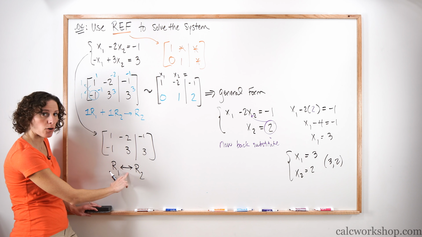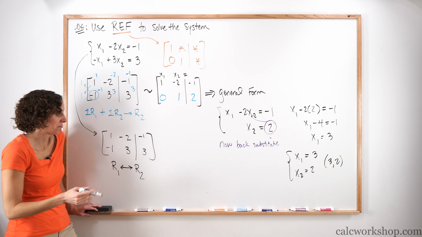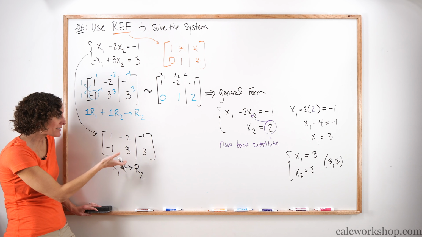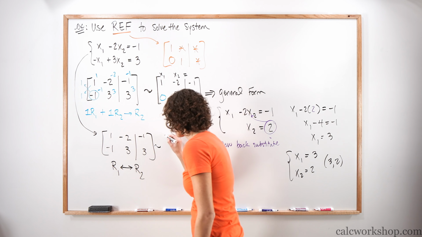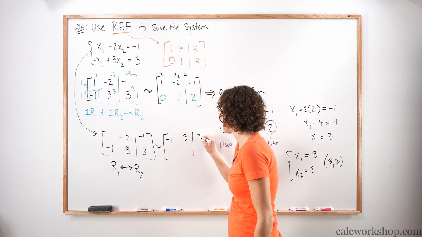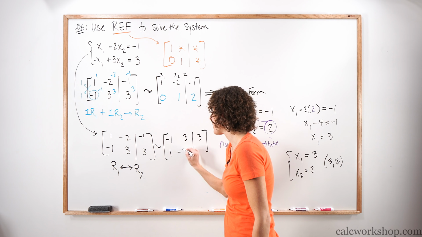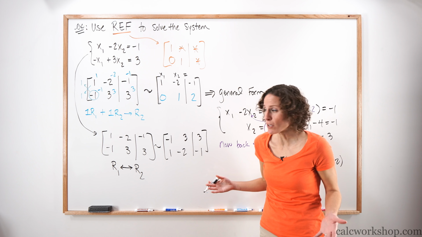Notice it's the double arrow that we're seeing here. I want them to switch. Why not? Because we can. There's nothing saying that we can't put one before the other. So we would then say, well, this would be -1, 3, 3, and then 1, -2, and -1. I can interchange any way I want to.